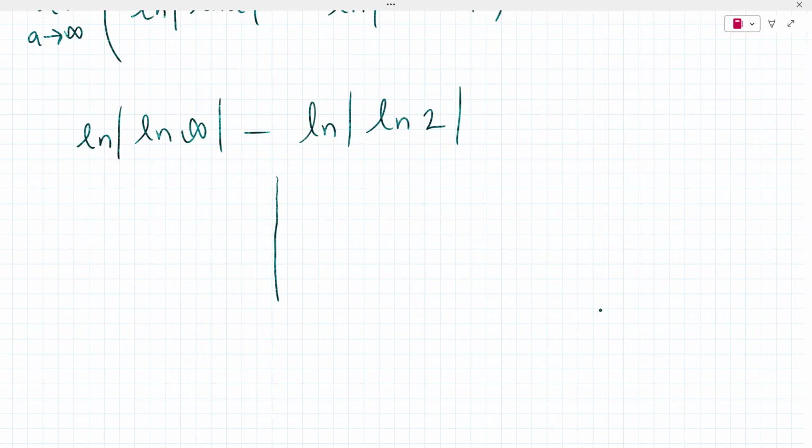And that's going to be what? Ln of absolute value of ln of infinity is a very large number, or infinity, minus ln of ln of 2. Well, ln of 2 is a number, and ln of a number is a number, so it's a small, real number. So a very large number minus a small number is going to be infinity.